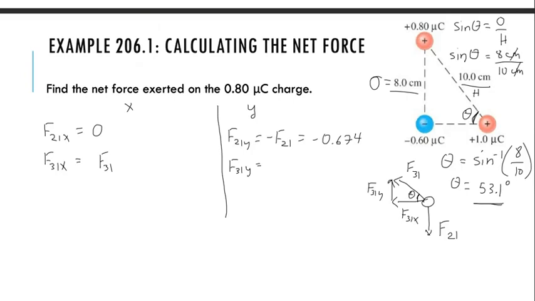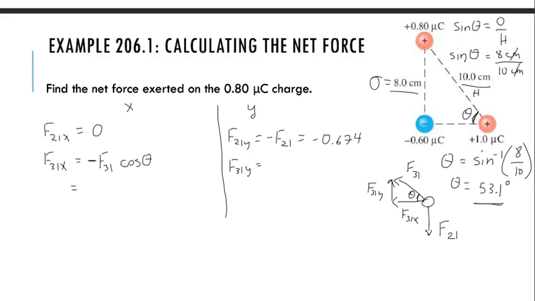So 31x is adjacent, that uses cosine. So F31 cosine theta. And then you also look at the direction of F31x is going to the left, so that's going to be a negative component, a negative force. That's how you find a component.